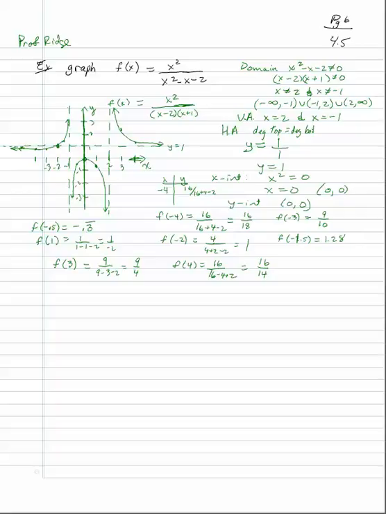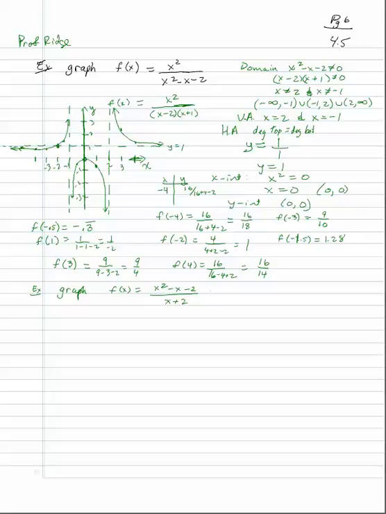Alright, let's do one more. So example, graph f of x equals x squared minus x minus 2 over x plus 2. Okay, so the domain, well, we've got to factor it.